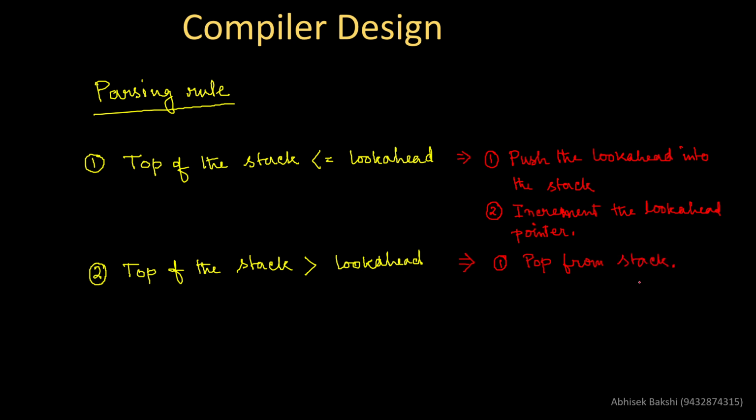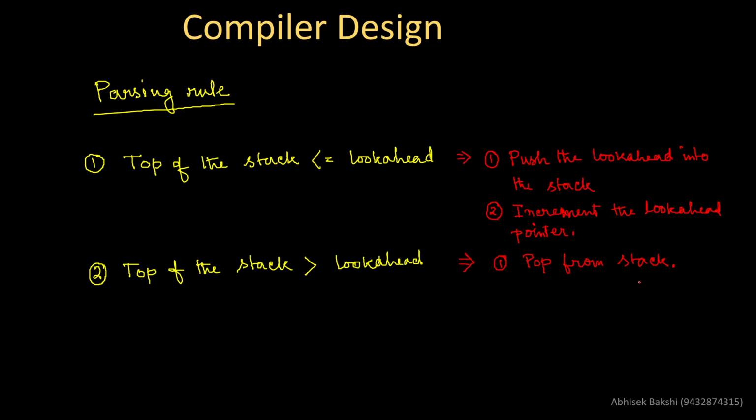And during popping, when we do some example, you will see that during popping we will realize what is the particular production rule that we need to reduce from the string.